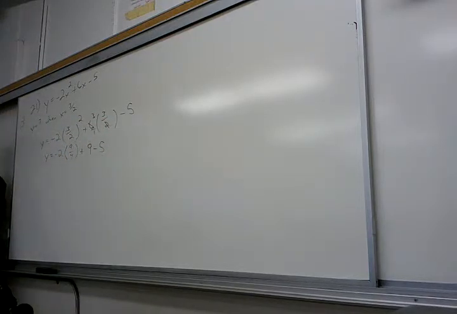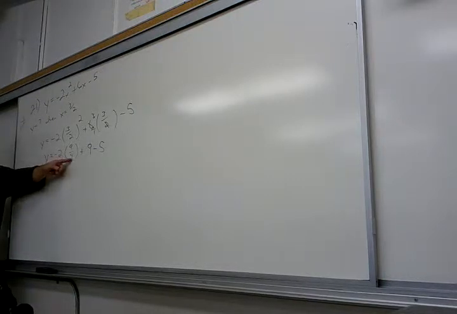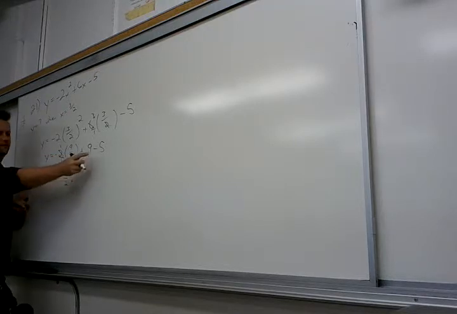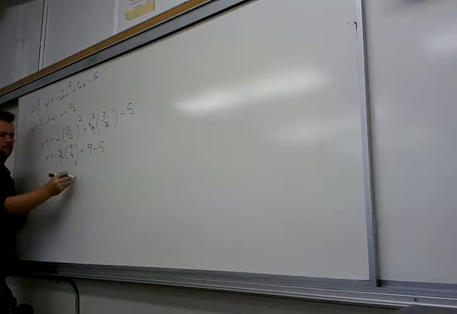And what happens here? You do the same thing for that. Now you can put that over 1. The 2 and the 4. So y equals negative 9 over 2 plus 4.